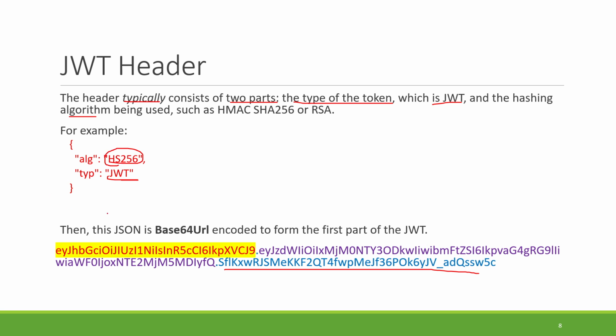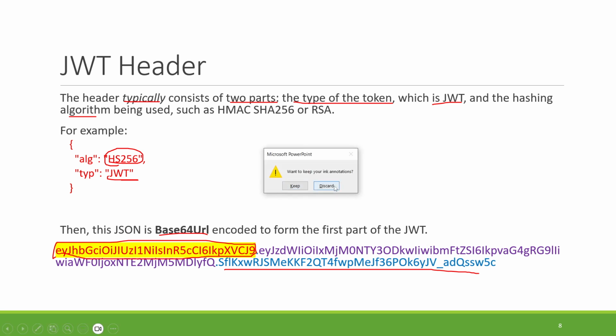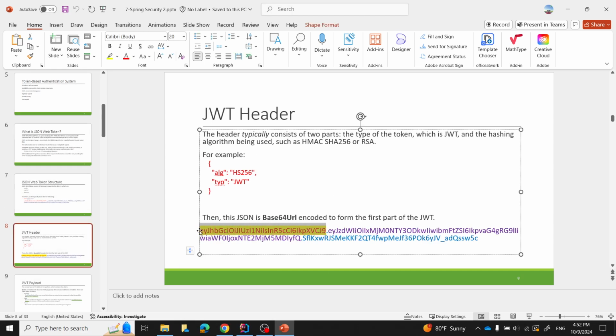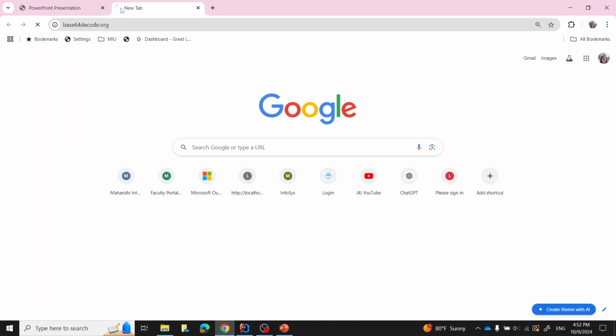And this JSON is Base64 URL encoded, from the first part of the JWT, which is this string. You just use Base64 and it can be automatically converted. It's not hidden, okay? So let me show you. We can get this string, then we use Base64 decode.